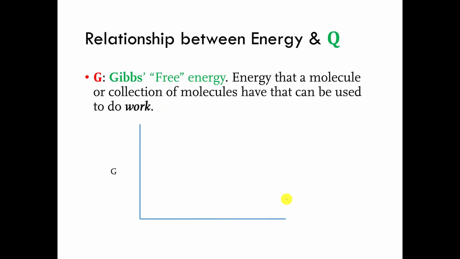And you can think of a different kind of reaction. Here's another pretend reaction. Molecule D turns into molecule E and vice versa, but this time D has low free energy, E has more free energy.